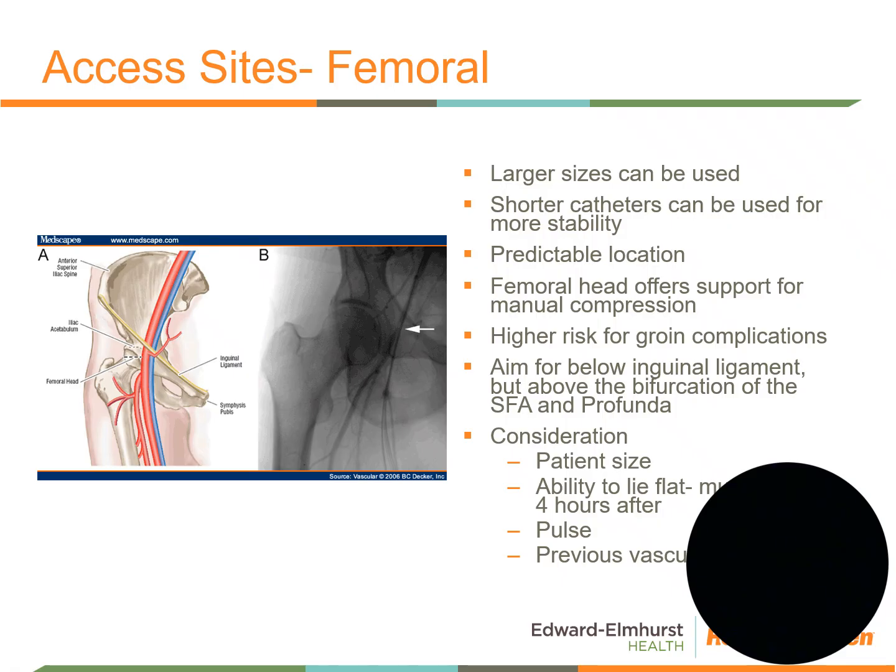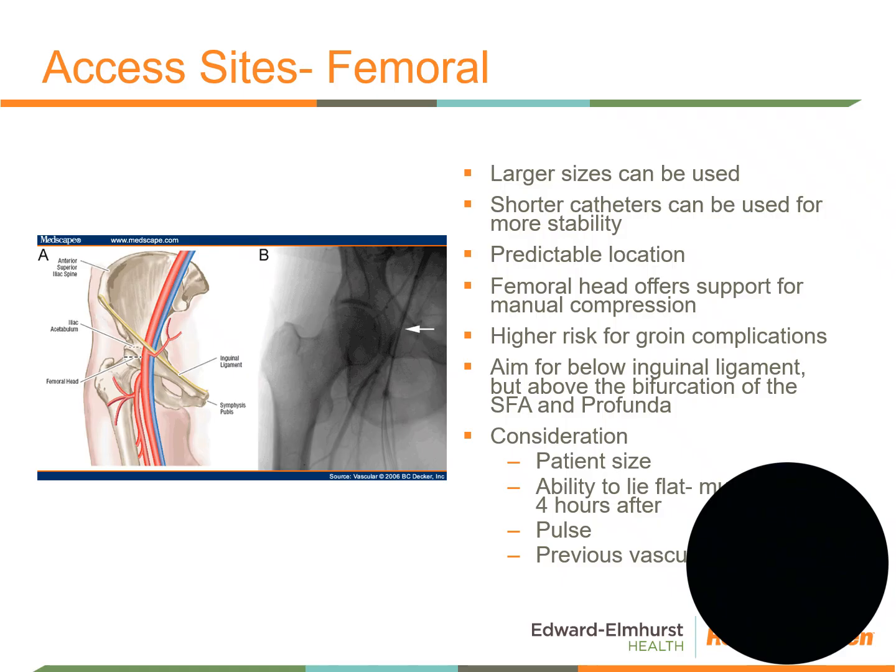We also have been using ultrasound a lot lately as well, which improves our likelihood of success with accessing the artery. That femoral head offers support for manual compression after the case. There is a high risk for groin complications, obviously because radial cases are not using the groin, so they wouldn't have any groin complications. We aim for below the inguinal ligament, but above that bifurcation of the SFA and profunda.